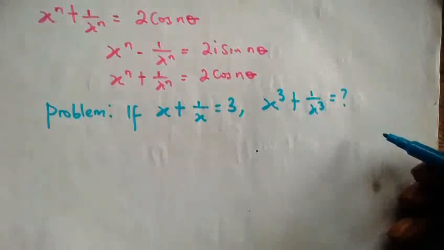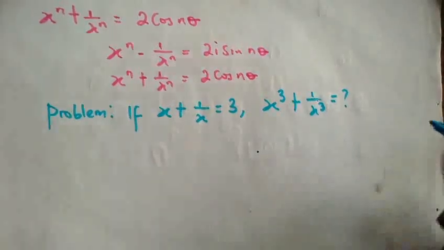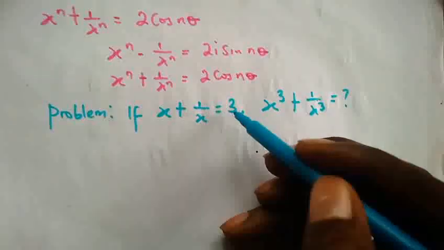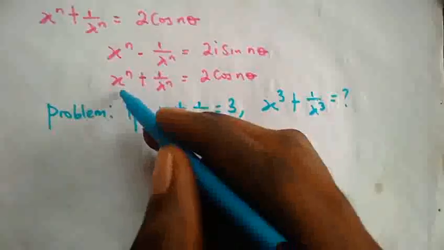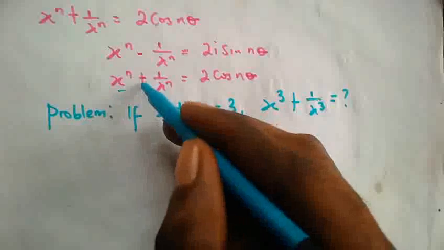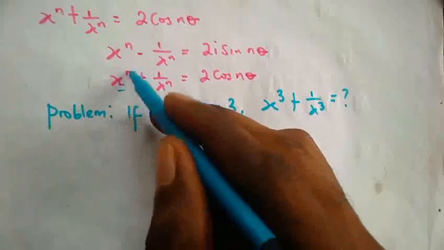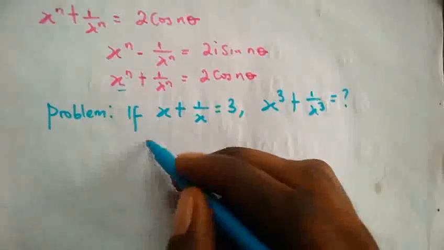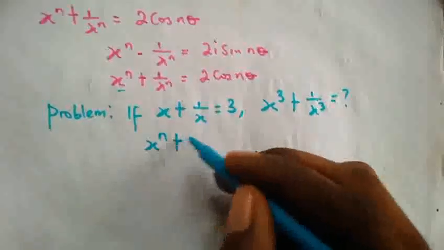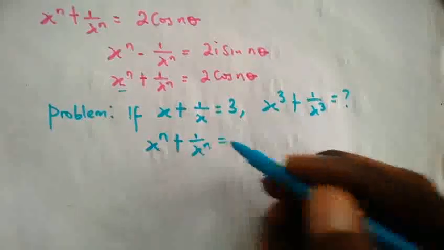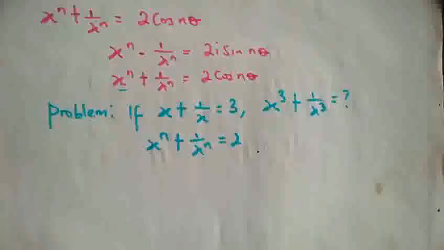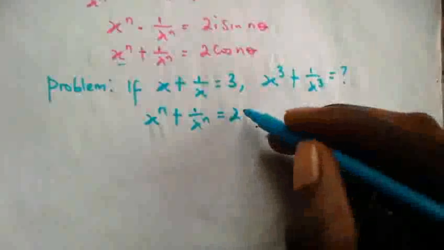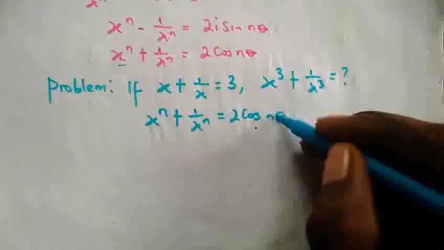It is good to know how to apply a theorem rather than just to know how to prove it without the application. Now we have x plus 1 over x equals 3. So we're going to make use of this formula with a positive between these two expressions: x raised to n plus 1 over x raised to n is equal to 2 cos n theta.